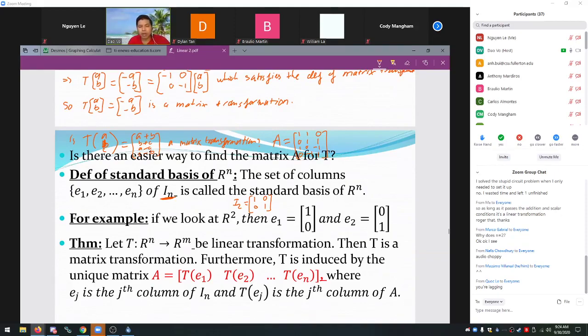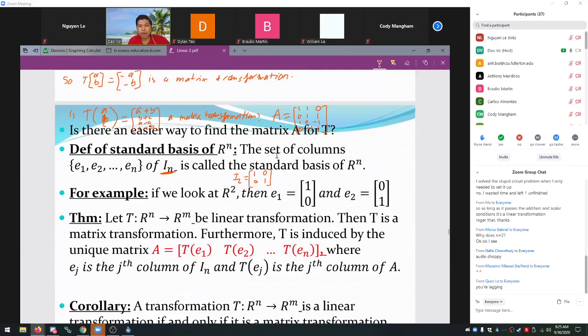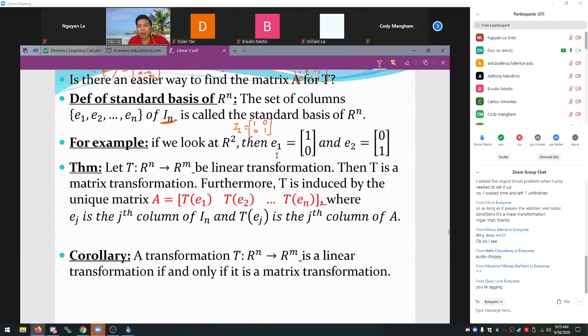All right. So here is the theorem that relies on the standard basis. It says, suppose we have a linear transformation T, then T is a matrix transformation.